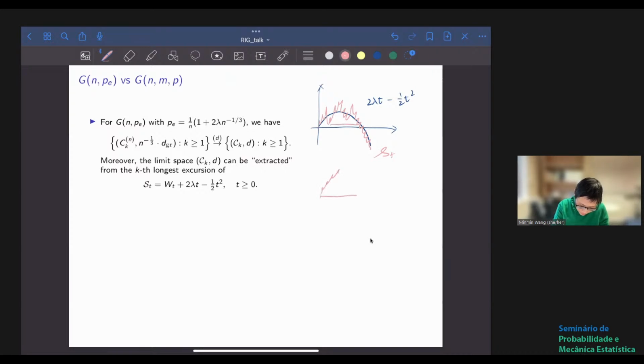Somehow you should think of this excursion as a contour of your graph. From there you can extract directly the distance d of the limit object. We're going to see a little bit more later on. Anyway, this is the result concerning the scaling limit for the Erdős–Rényi graph.